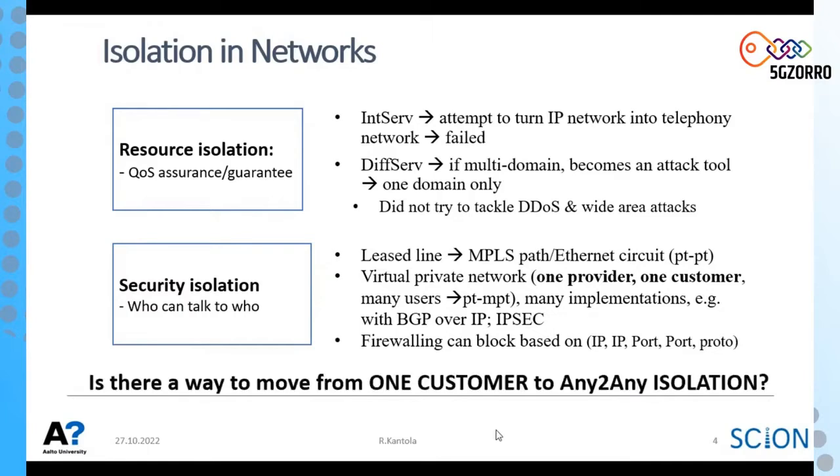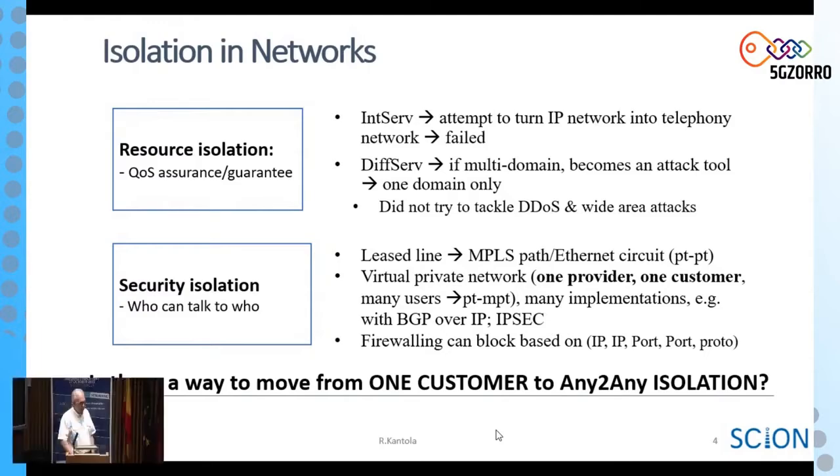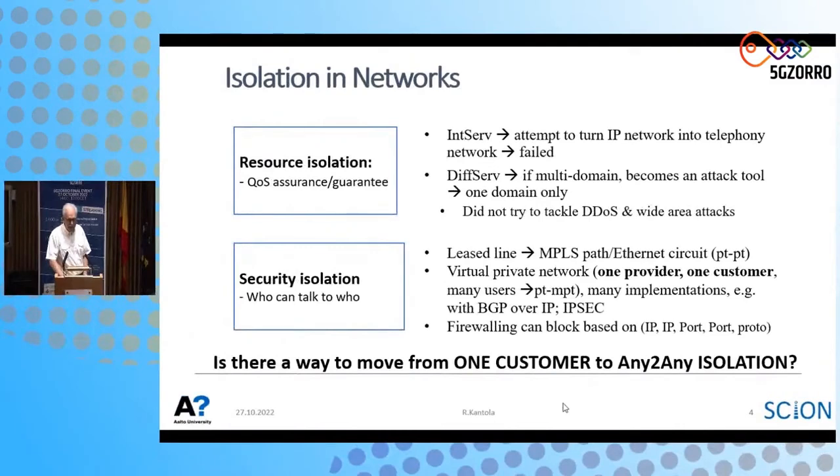And then firewalls, of course, in practice work with the destination addresses, not the source addresses. The question is whether there's a more generic way to do the isolation for any-to-any services across the network.